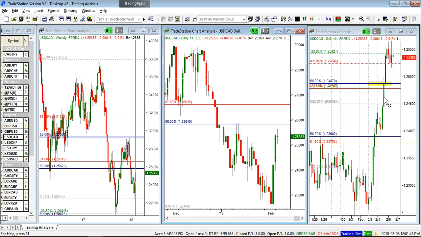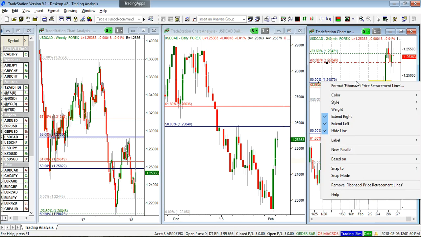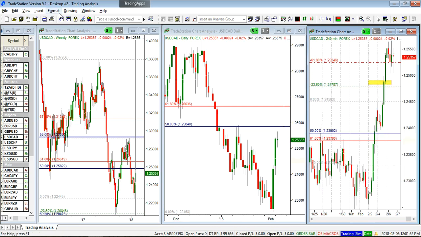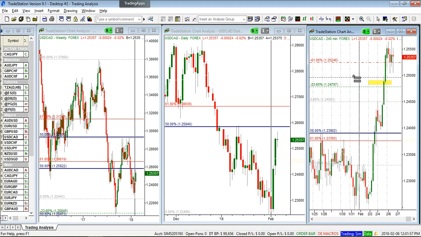The extension that I mentioned here, I'm going to update that extension from lows to highs, from highs to highs.